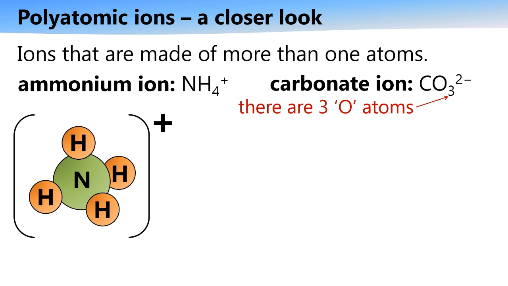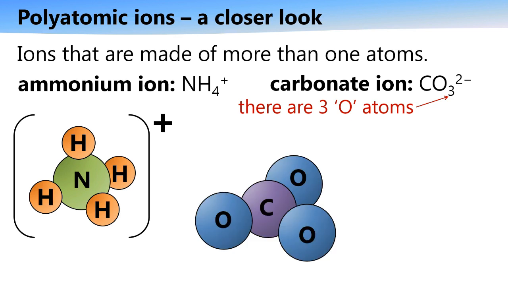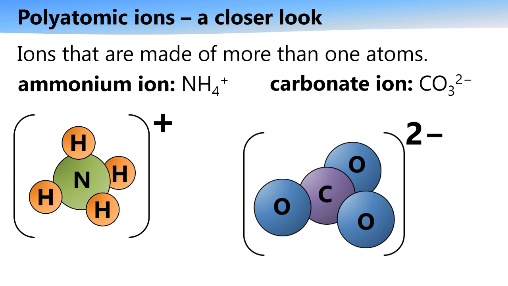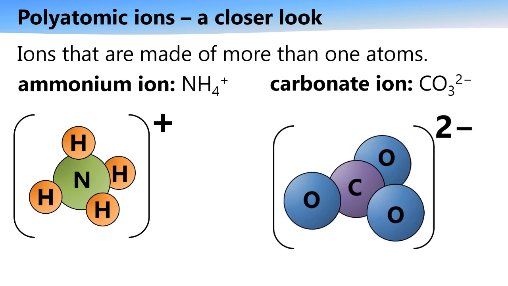So there are 3 oxygen atoms as I represent here. So 3 oxygen atoms attached to carbon, and the charge is -2. The entire molecule has -2 charge. So please do not confuse the numbers below and the numbers on top for the polyatomic ions.